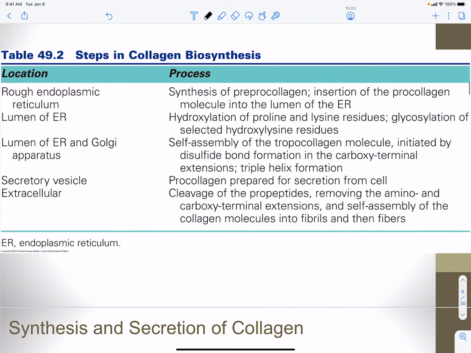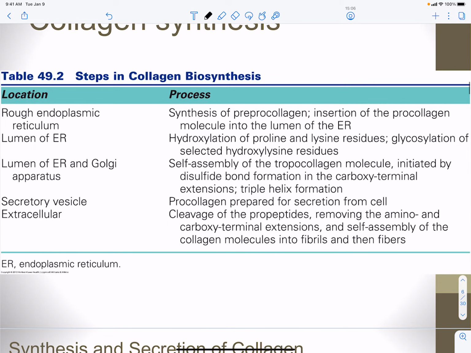Collagen is going to be synthesized at different locations. So of course, you're going to have to go through the endoplasmic reticulum, and then you're going to package up your collagen. Your collagen goes through the Golgi apparatus into a secretory vesicle, and then it's going to go into the extracellular space.